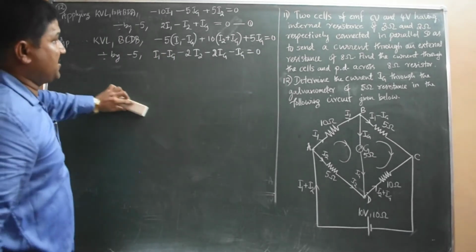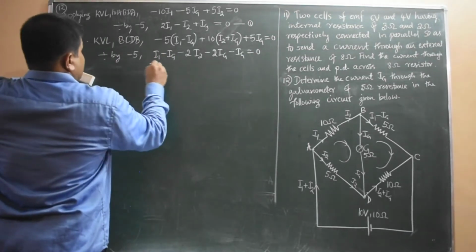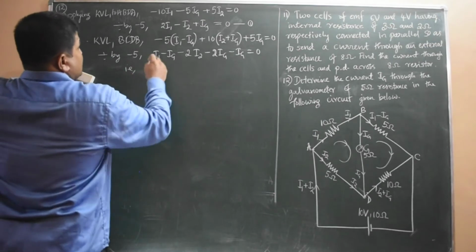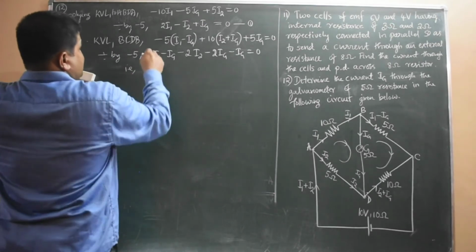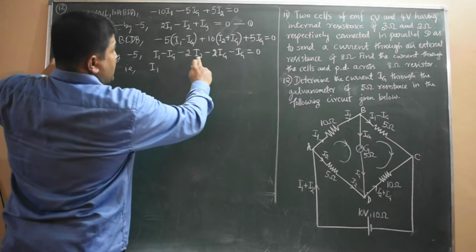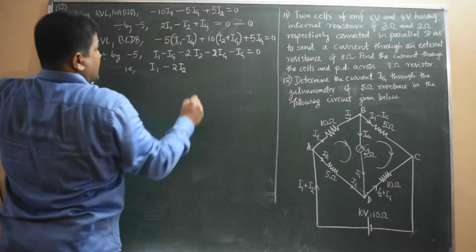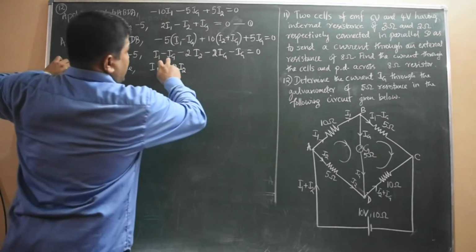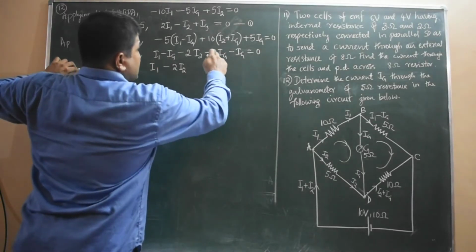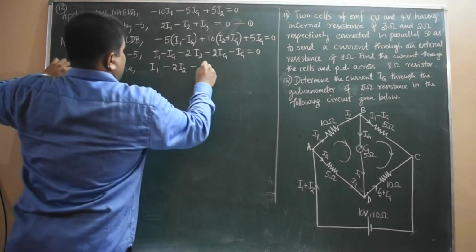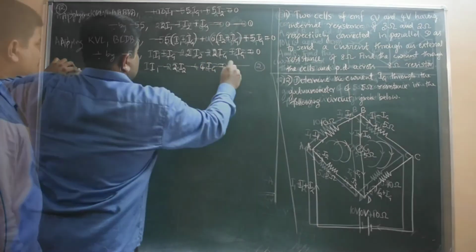In simplest form, I1 minus 2 I2, then Ig minus 2 Ig minus Ig, so minus 4 Ig equal to 0.